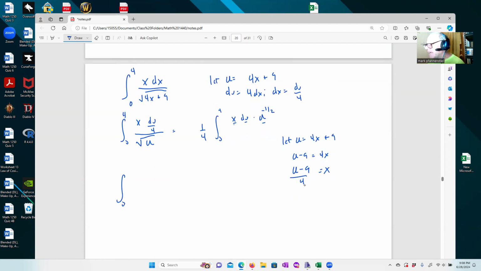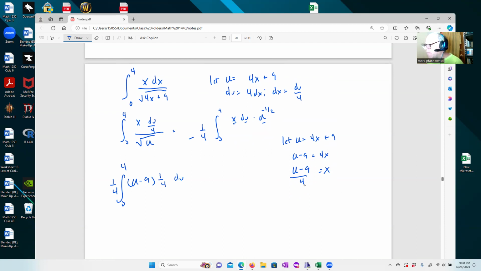So when I go back to my 0 to 4, what was x? This is u minus 9, times a quarter, times 1/4. Remember that there was a 1/4 out in front here? So we have a quarter out here times this, and we have our du.